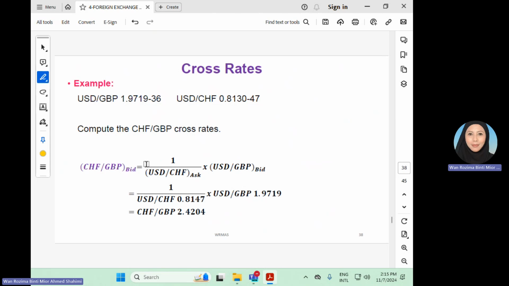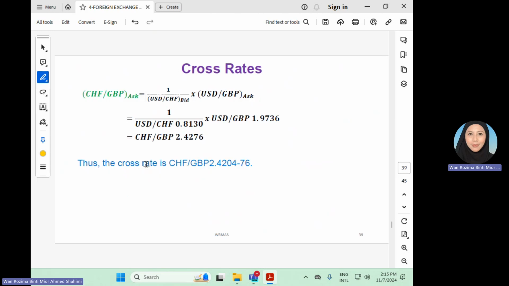Okay, then you calculate, and you will get for bid 2.4204. You can write Swiss franc 2.4204 per British pound, you can also write this. I'm not that rigid, I don't mind either one. How you present is fine.